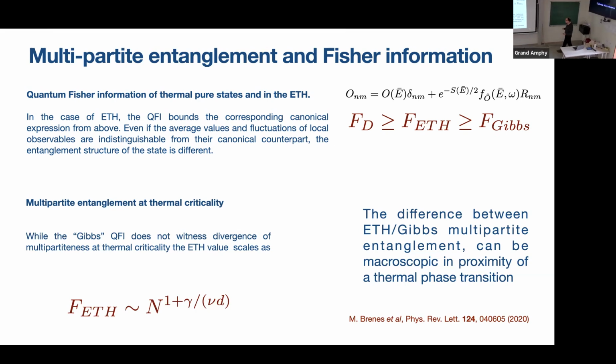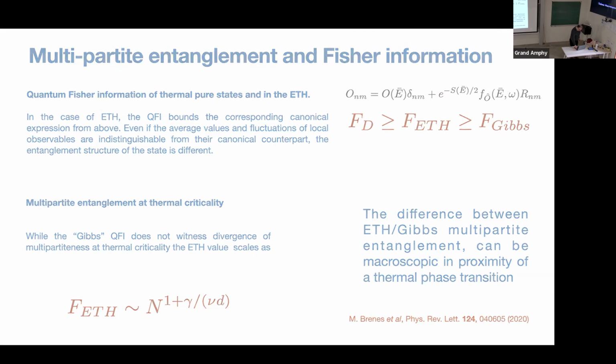The nice thing, however, about this witness computed at the level of a single eigenstate is that it just captures criticality. And therefore, it may become quite substantial if you are close to a phase transition.